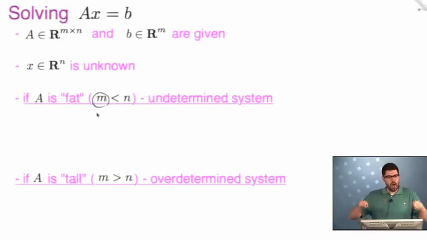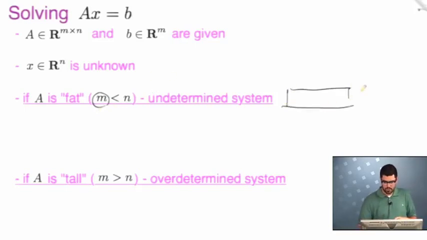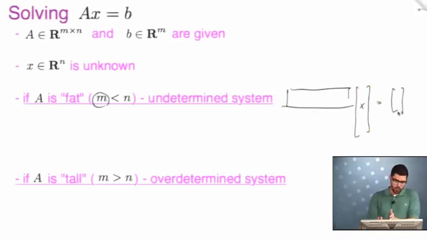So I have more knobs, more tuning parameters, than I have equations that I need to fulfill. It looks like this: here's A, here's x, and here's b. And sometimes we call that a fat matrix. It's also known as underdetermined, meaning it has more tuning parameters, more unknowns, than equations. All right, so that's going to be interesting.